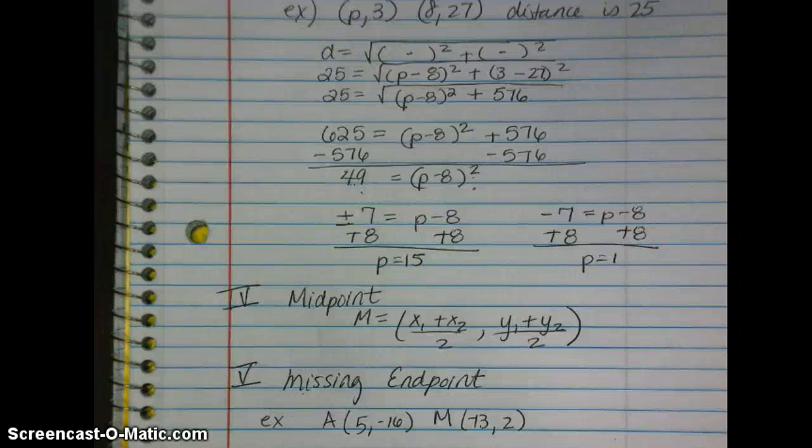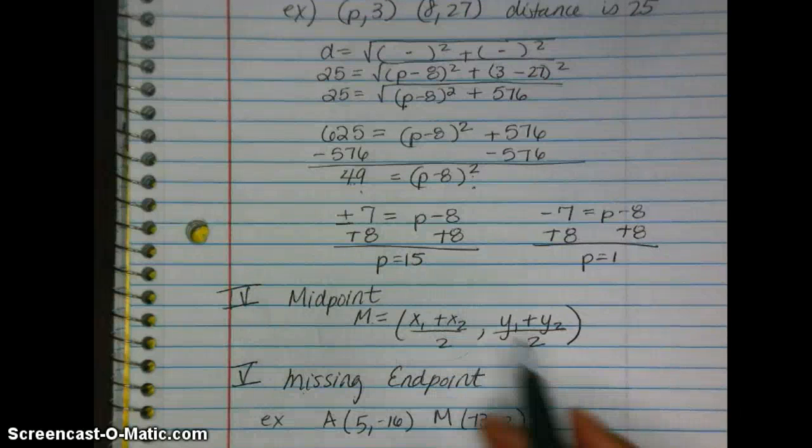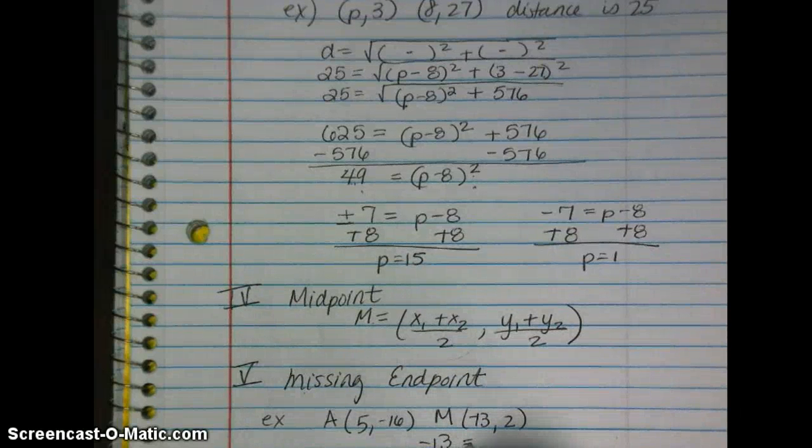So what we could do is solve it algebraically by substituting into the formula. So my midpoint x value is negative 13. The x values are coming from this. So I can set up negative 13 equals x1, which is 5, plus x2, which I don't know, divided by 2. And you can solve for the x part of your missing coordinate, and they're telling us that we're going to call it b. So you could solve for x, and that value goes here.